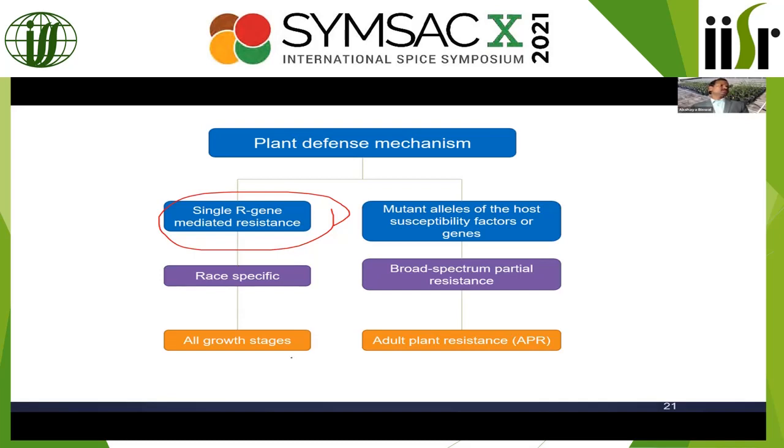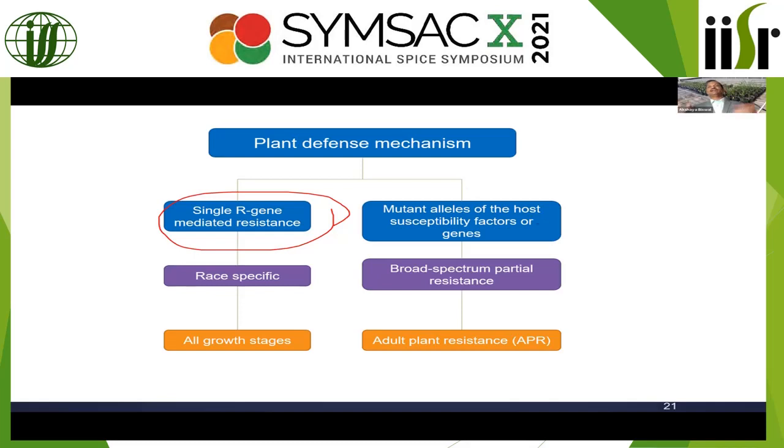The good thing is these genes work through all growth stages. That's why CIMMYT breeders have been trying to combine multiple R genes to develop resistant lines. And a new approach that CIMMYT breeders have been taking is using the susceptibility factors.